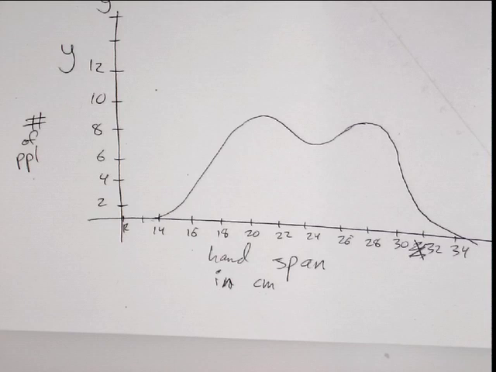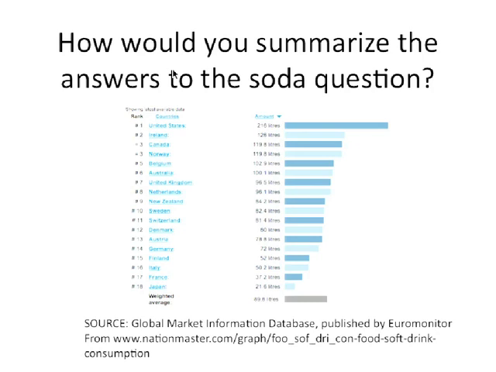All right, let's go back to my questions, and look at the next one. How would you summarize the soda question? Now, this is not a summary of the soda question. This is just extra information to help you figure it out.